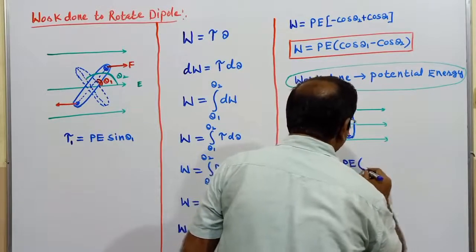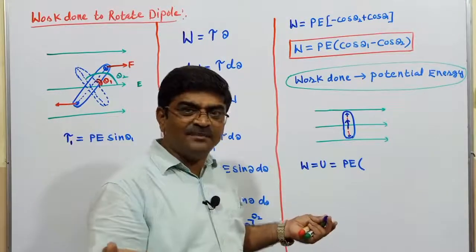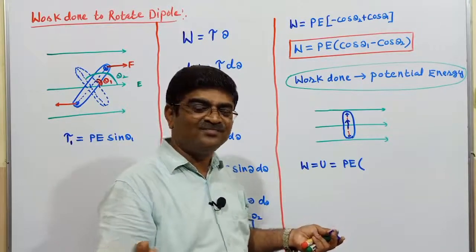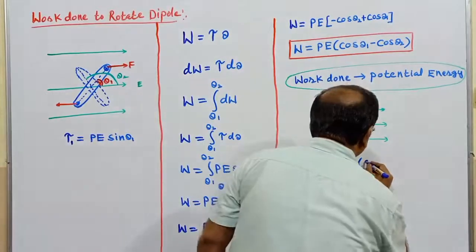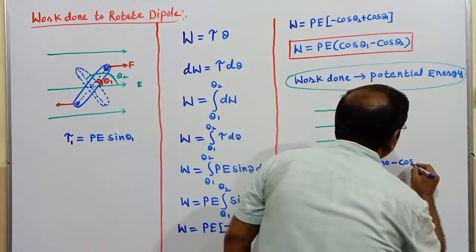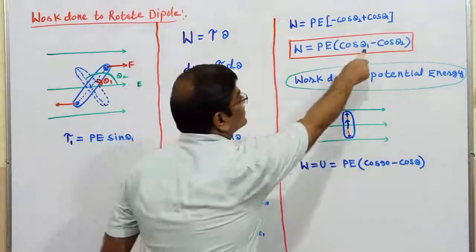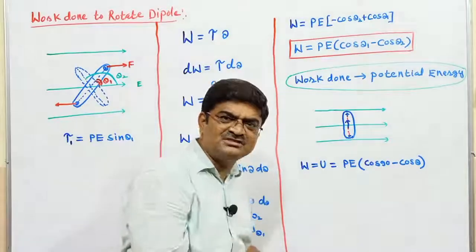And remember that now I am going from the reference position. Initially at the reference position I have got the dipole, so theta I have got 90. And I am going to rotate that dipole to another position, theta. See, the reference position is perpendicular.